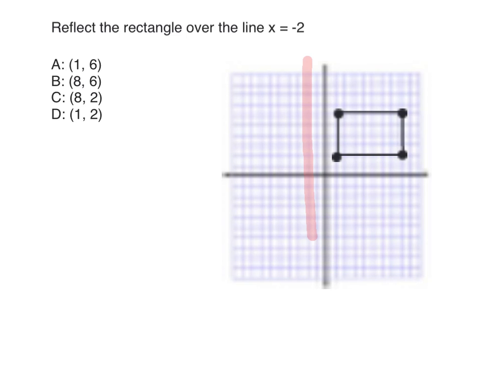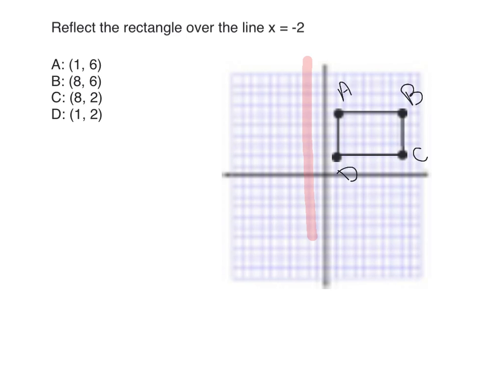So if I'm looking at my same original rectangle with A, B, C, and D, when I do my reflection, now I need to look at the distance from this vertical line that I've highlighted in red. So if I'm looking at A, it is currently 3 spaces away.